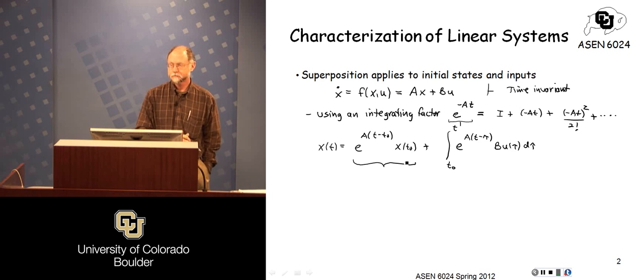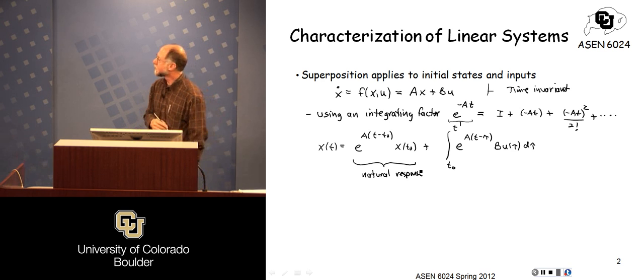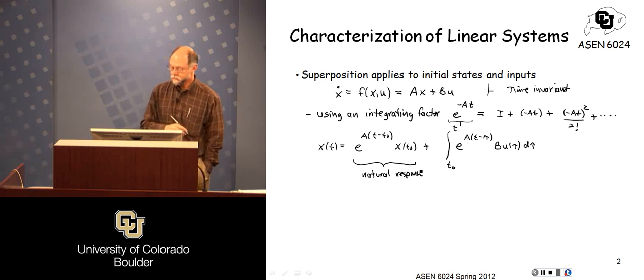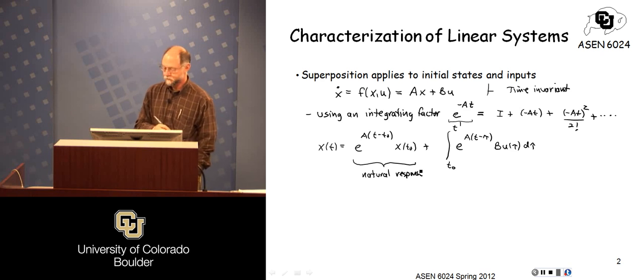A natural response. That's natural response. What else would we call it? Transient response. Homogeneous. Not always transient. What else would we call it? Homogeneous response. Yeah, we could call it the homogeneous response. The one I'm looking for is initial condition response.